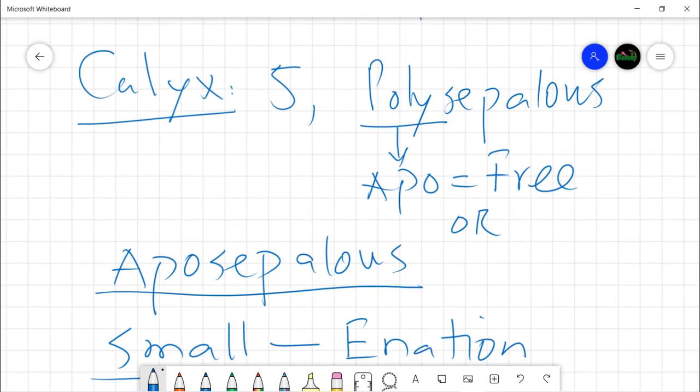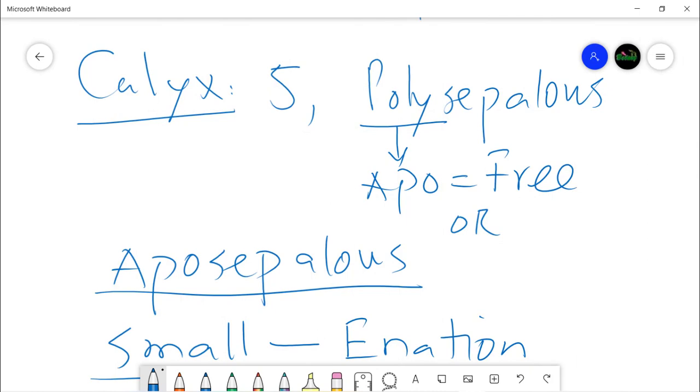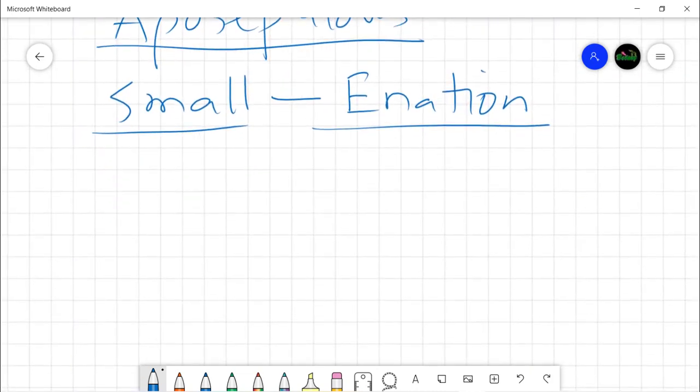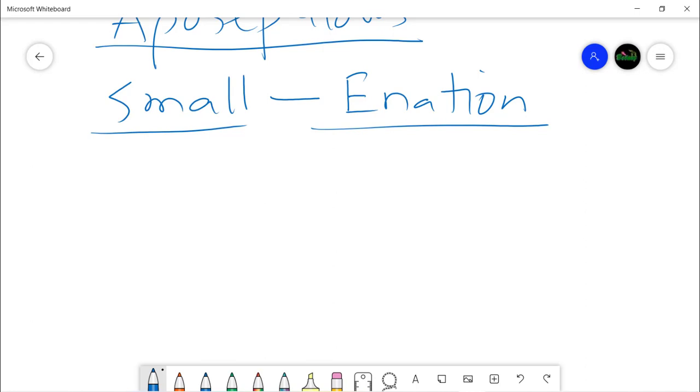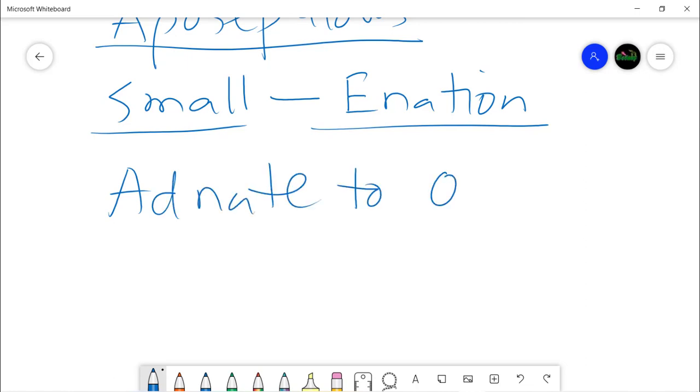So sepals, they are 5 in number. Polysepalous or aposepalous, they are free from one another. Their size is small. Now the sepals in Apiaceae are mostly adnate to ovary. Now adnate is a very common term used in botanical literature in describing plants.